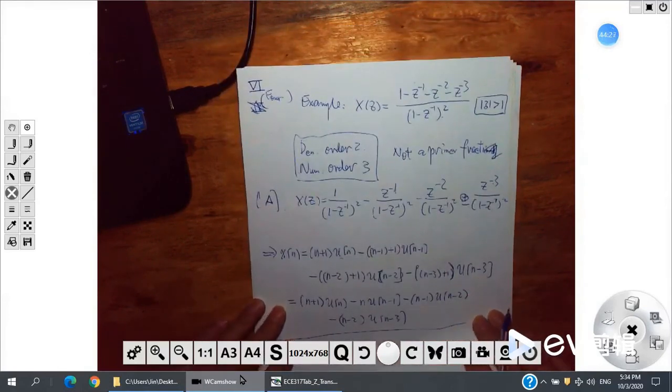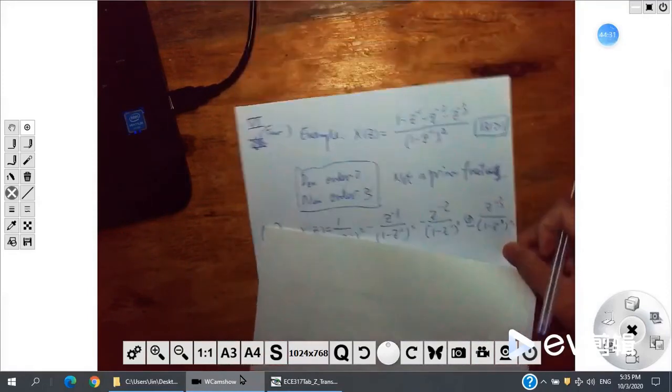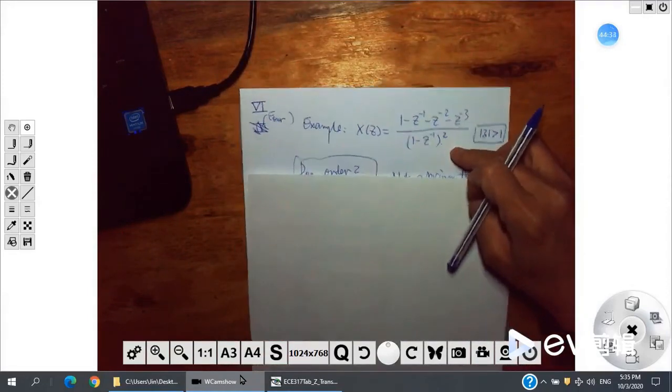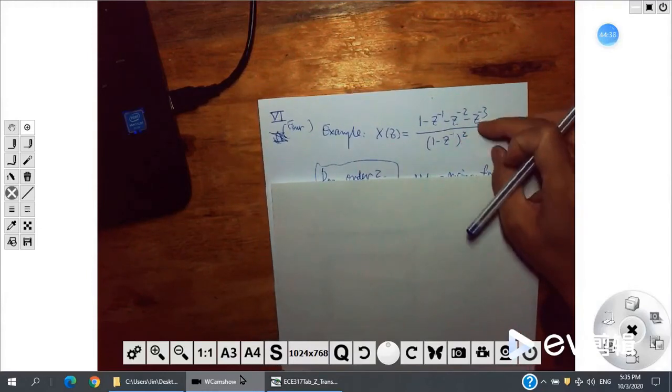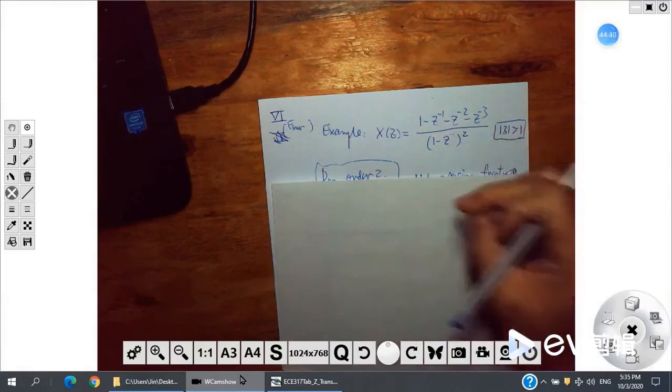The second method, method B: we divide. This is a fraction, right? We can move some terms without a fraction in front.